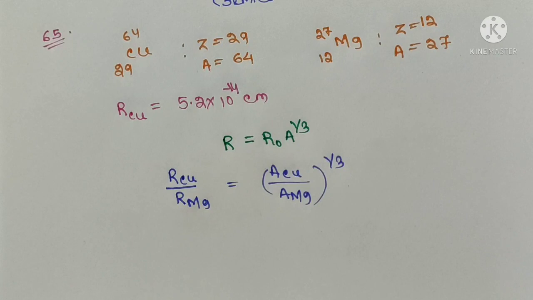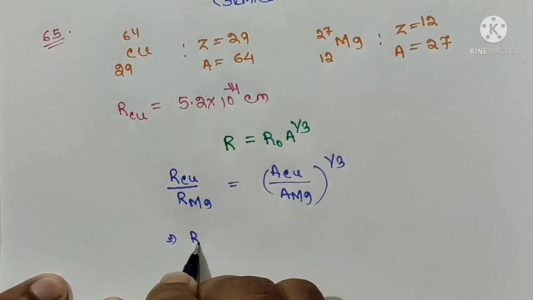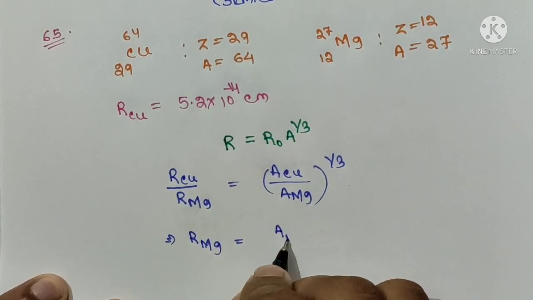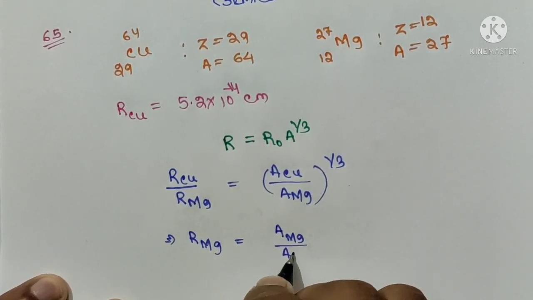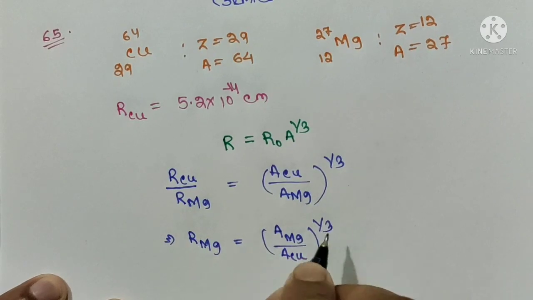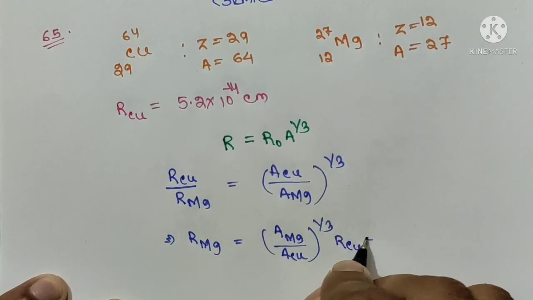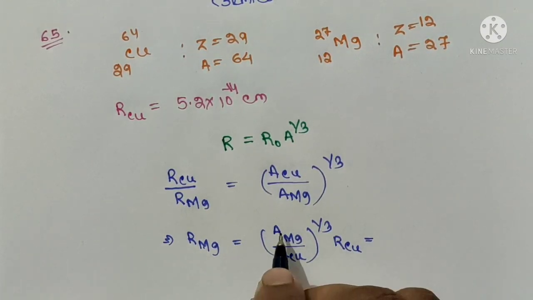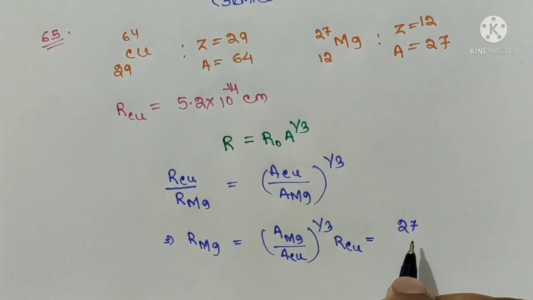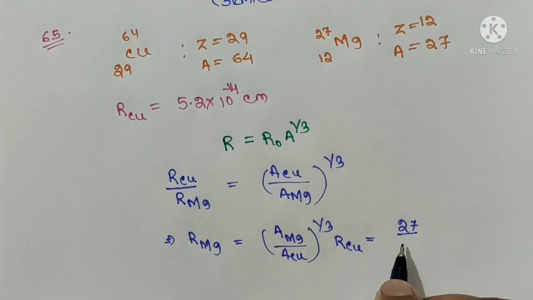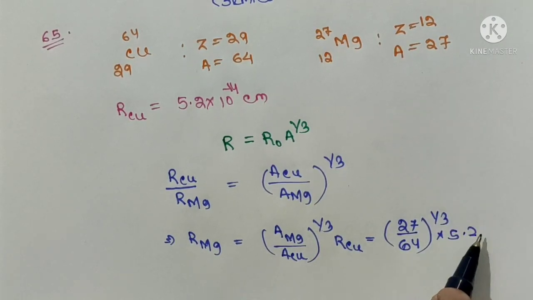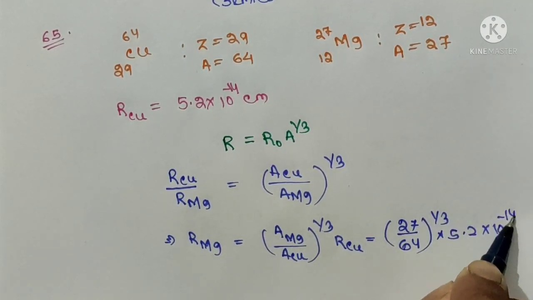So from here, radius of magnesium equals A Mg over A Cu to the power 1 by 3 times R Cu. तो बस अभी वैल्यू पुट कर लो और कैलकुलेट कर लो. देखो ये क्या आ रहा है, 27 over 64 to the power 1 by 3 into 5.2 into 10 to the power minus 14 centimeter.